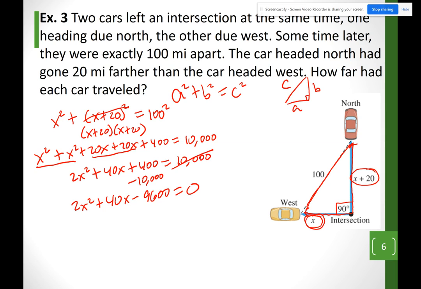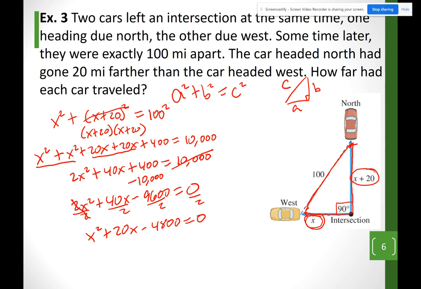Okay, if you can make your number smaller, by all means do so. What I'm going to do in this case, I'm going to divide everything by 2. So I'm going to have x squared plus 20x minus 4,800. I divided everything by 2 just to make my number smaller. You don't have to, but it just makes it easier.